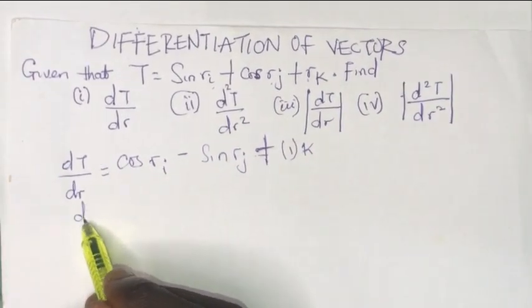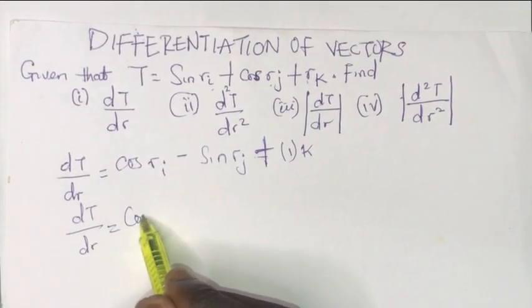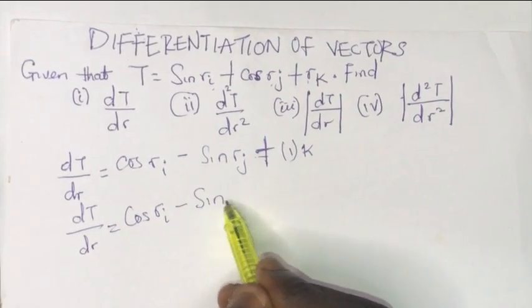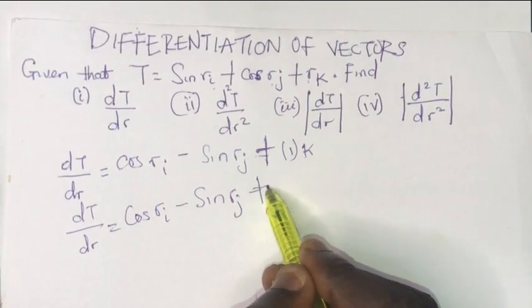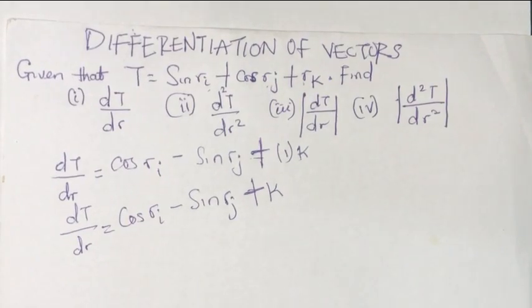So that means my dr/dt is equal to what? cos t i minus sin t j plus 1 times k will give us k. Do you get the first one now?